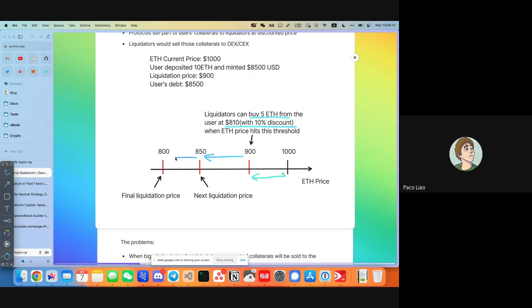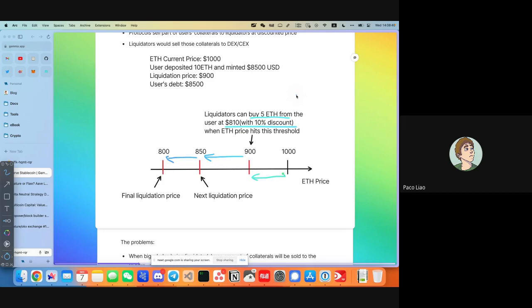If the price continues to go down, liquidators will finally liquidate all of the user's collateral. So when the price hits the liquidation threshold, liquidators liquidate part of the user's collateral.